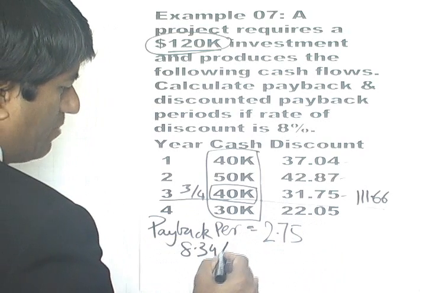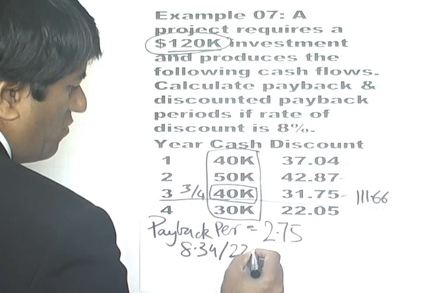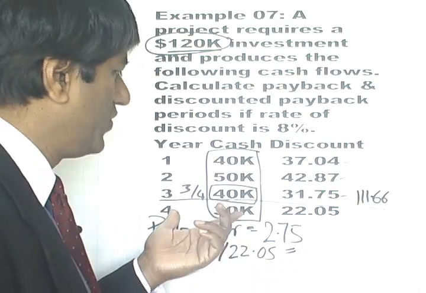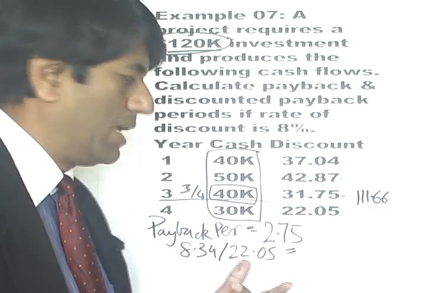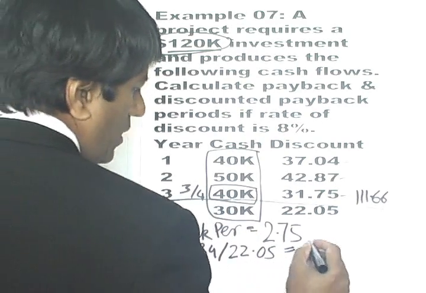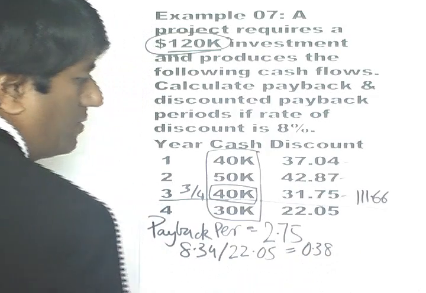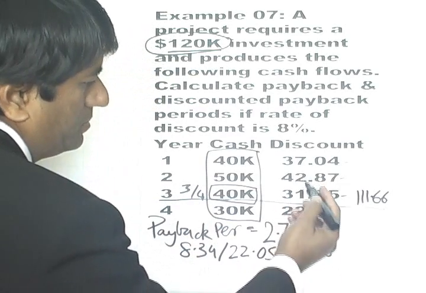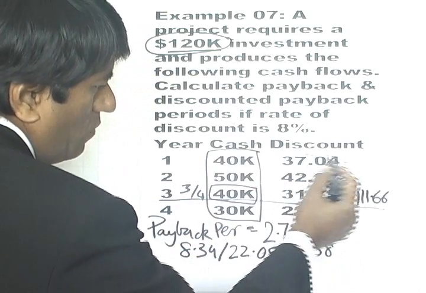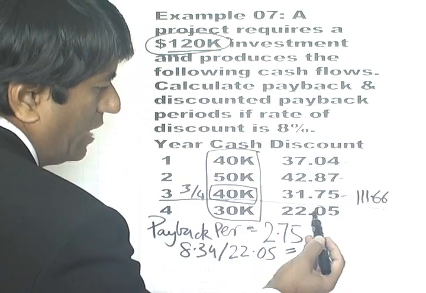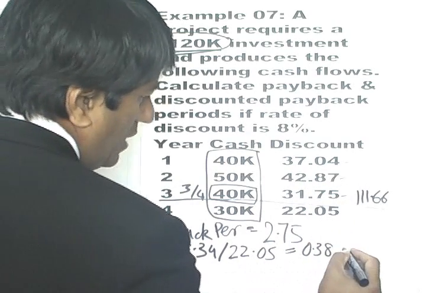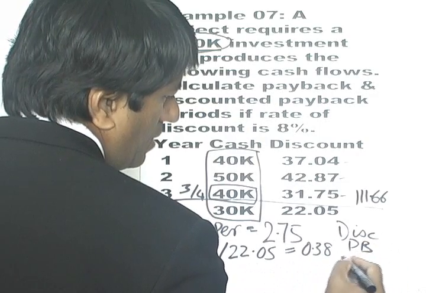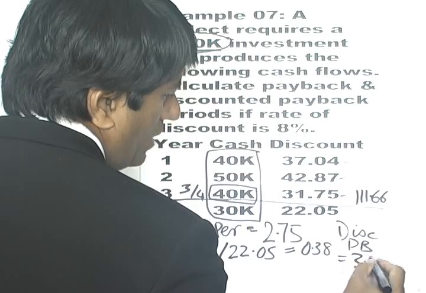So you divide 8.34 by 22.05 to get the fraction of the fourth year that you will need in the discounted payback, and that turns out to be 0.38. So the discounted payback is 3 plus 0.38 for the fourth year, or 3.38.